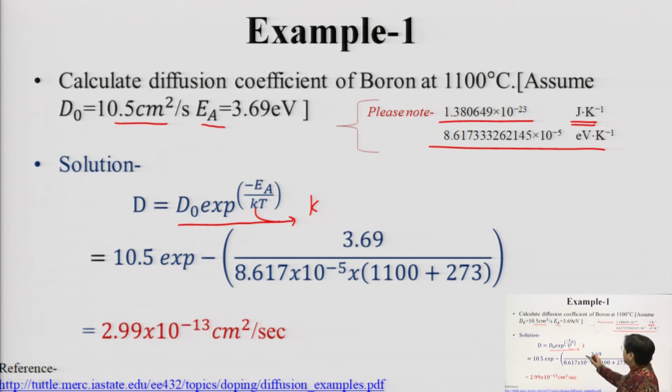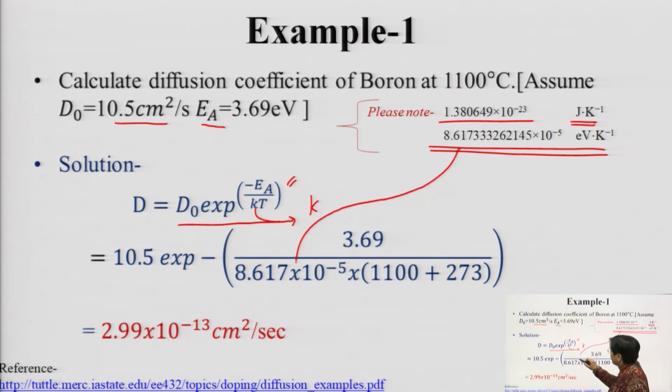But here the energy is represented in electron volts, so we are expected to use the other value of the constant, that is 8.617 into 10 raised to the power minus 5 electron volt per Kelvin. So, this value I am going to substitute here.